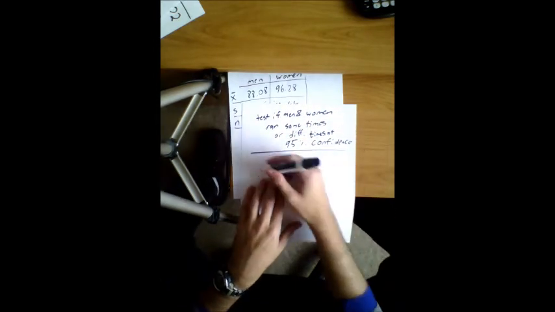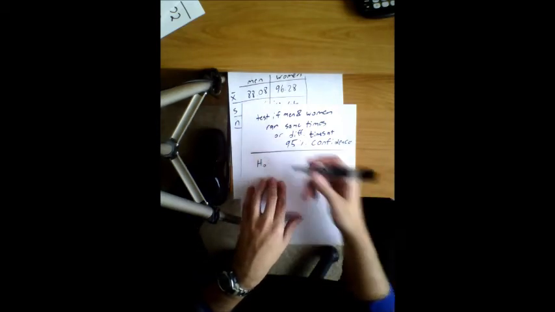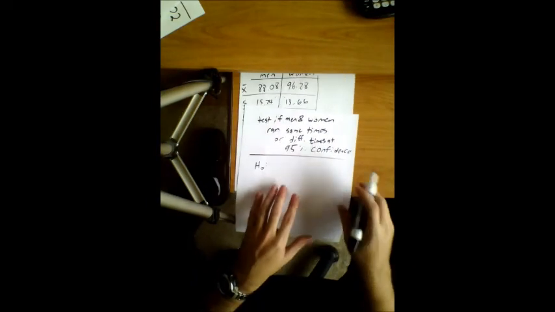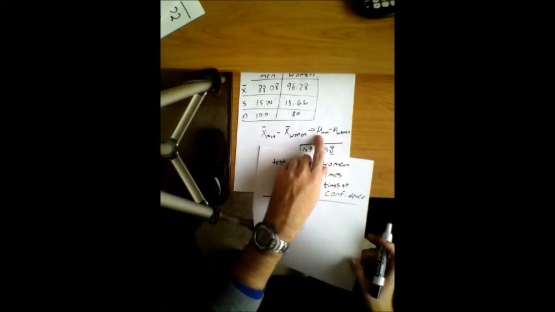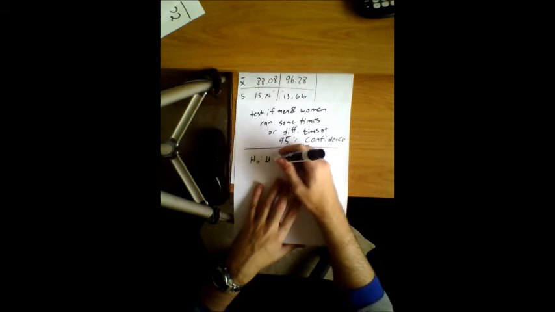So we set up the hypothesis. This time, just to differentiate, because we've got two standard deviations, we're going to use our point estimate as mu men minus mu women. So it's going to look like this.